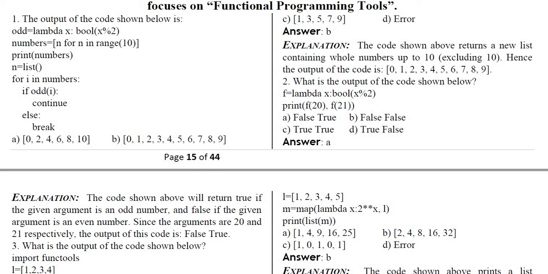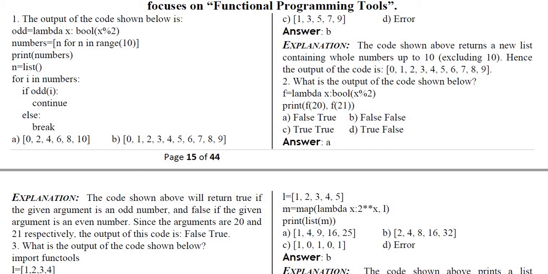First question is asking just the output of the following code. Here you can see odd is equal to lambda x and bool. Why do we need lambda, why do we include lambda here? What is lambda?